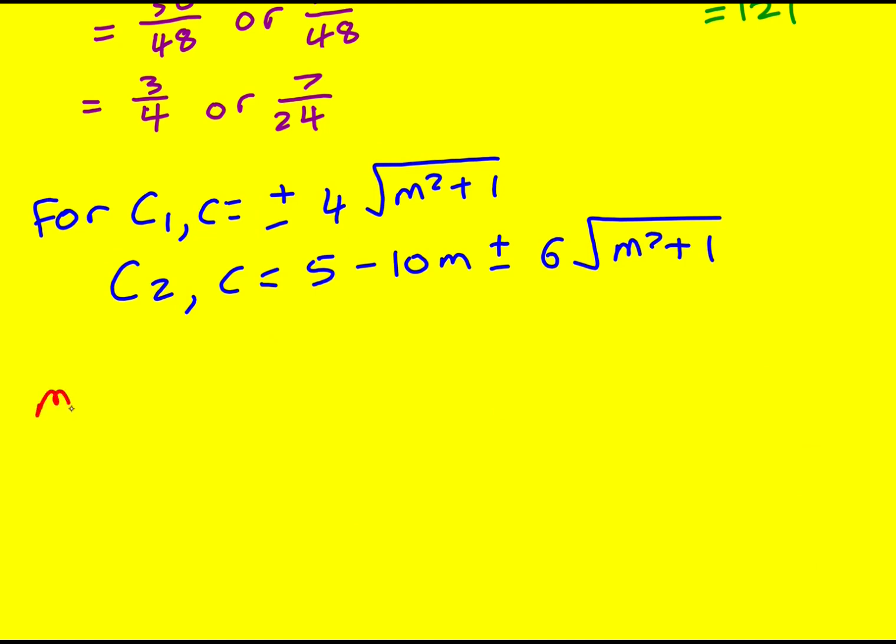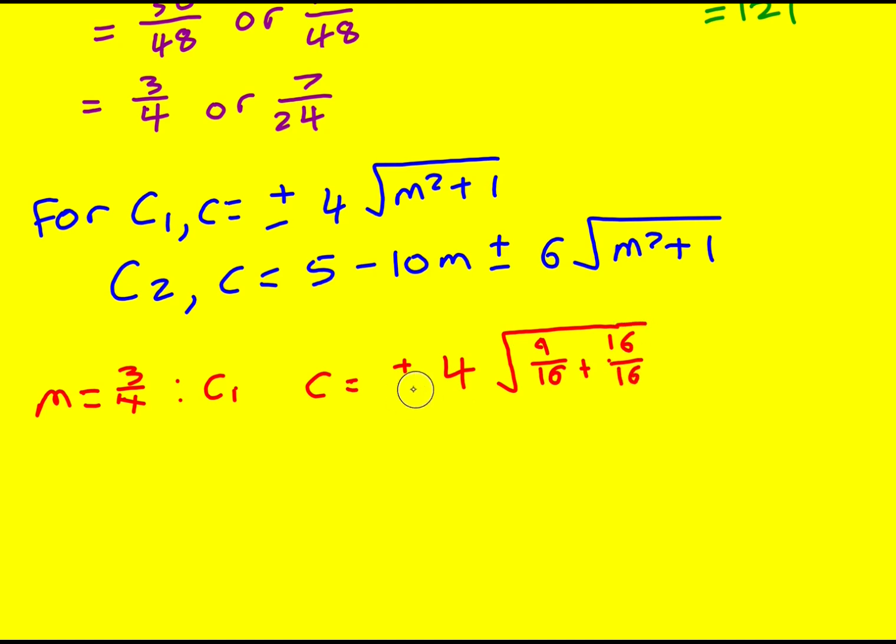Okay, so if M is equal to 3/4, then let's look at C1. C is going to be plus or minus 4 times the square root of 9 over 16 plus 1, which I can write as 16 over 16.